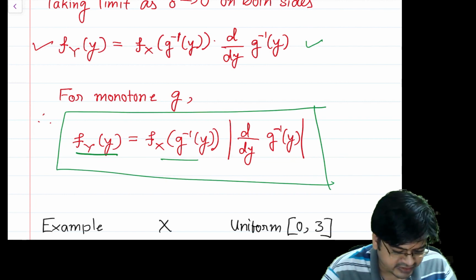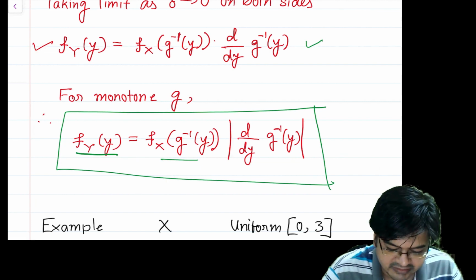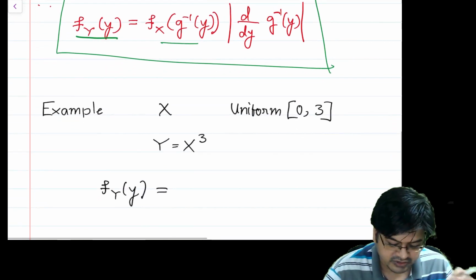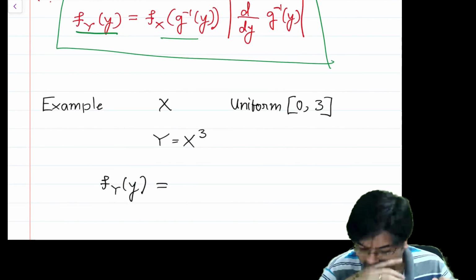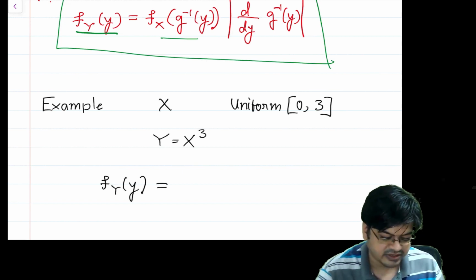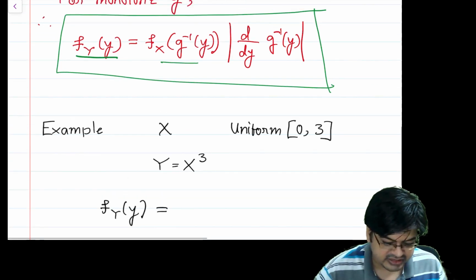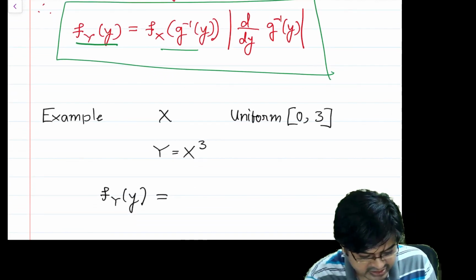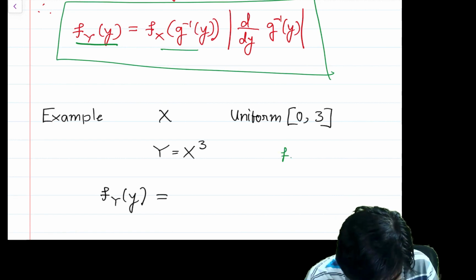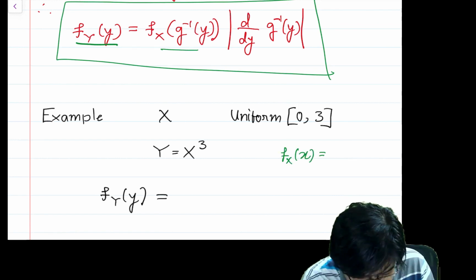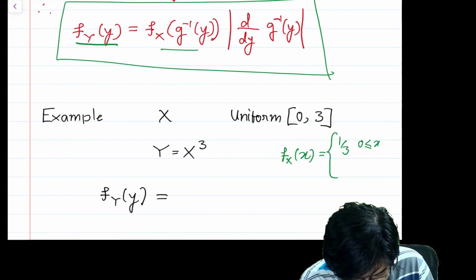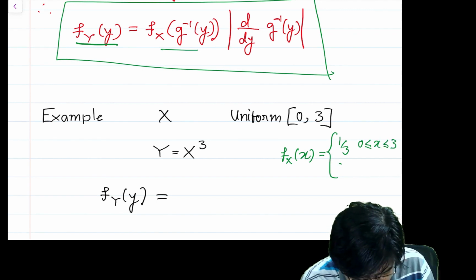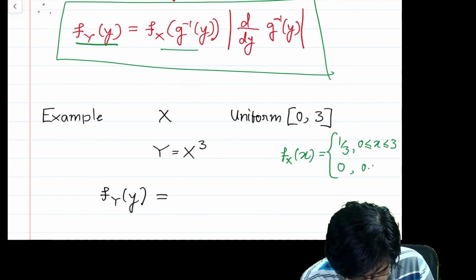Okay, so let us try to use this formula and solve the example that we have solved earlier. So X is uniform(0, 3), Y is equal to X cube, and f_Y(y) is equal to what? So now it's just plug and play. For example, now I know what f_X(x) is, which is 1 by 3 for 0 less than or equal to x less than or equal to 3 and 0 otherwise.